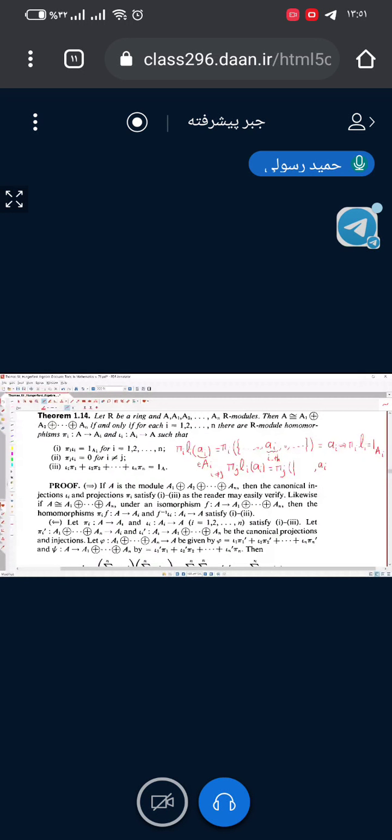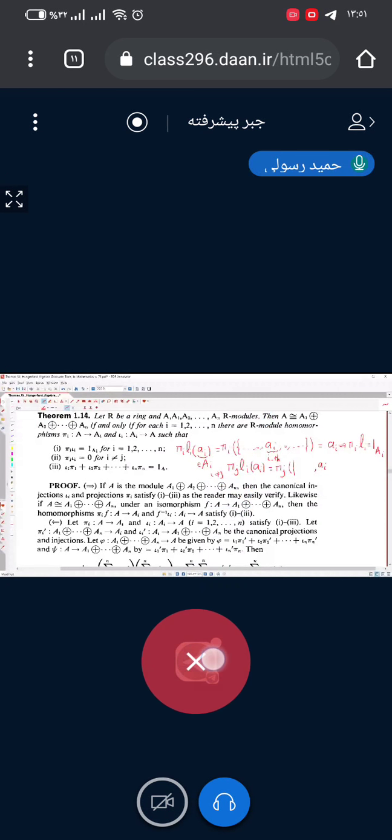In the j-th component position, for example, assume that here is the j. In this sequence, we have only a_j and all of the other components are 0. So the action of p_j on this sequence equals the element in the j-th position.